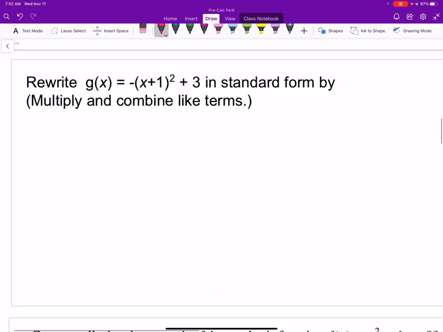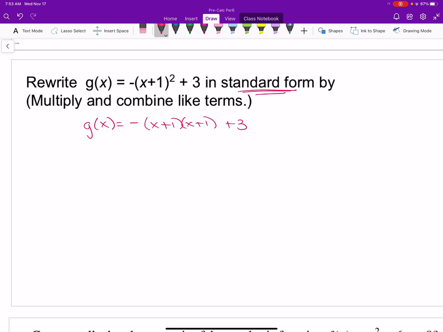So now this is that equation that we had where the vertex was at (-1, 3). It's nice seeing it written like that because we can easily identify the vertex. But if we put this into standard form by multiplying and combining like terms, we would actually get a different-looking equation. So we would write that (x plus 1) twice.